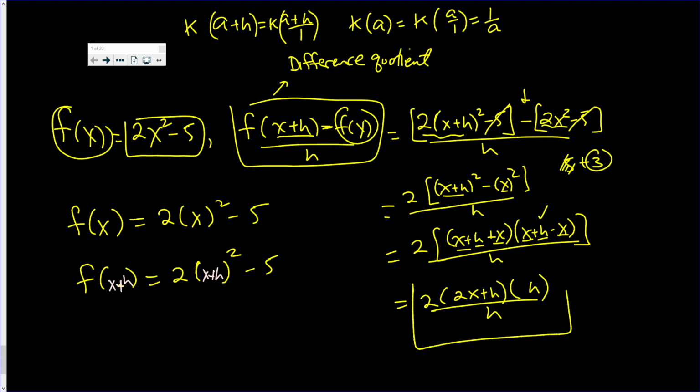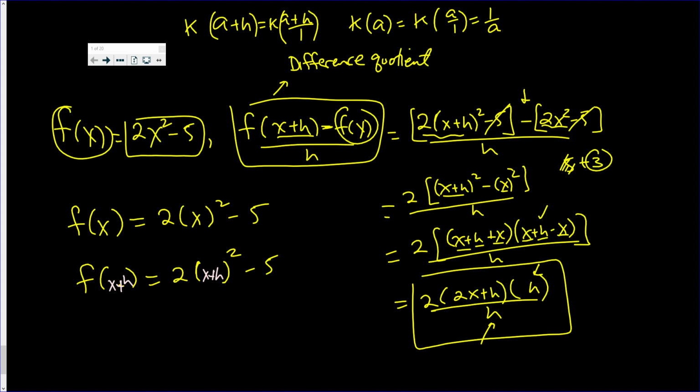And there is your answer, and you know that it may be correct because you have h over h. If somehow you got 2 times 2x plus h over h, you're wrong, guaranteed, because you don't have h over h. Or maybe you just got this as the answer. There's no h over h, so you know that this is wrong. But if you get h over h, it could be wrong too.